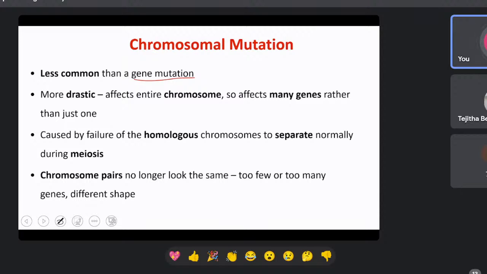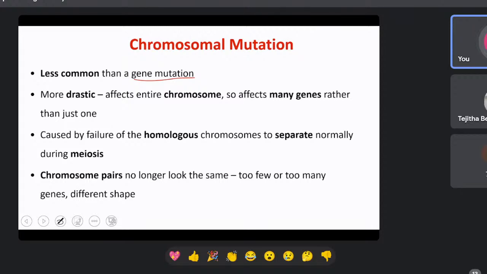For a chromosomal mutation to occur, a lot of things have to take place, and certain phenomena where the chromosomes may break and the chromosome may duplicate, so many phenomena have to take place for the chromosomal mutations to occur. So that is the reason why they are very less common than a gene mutation.